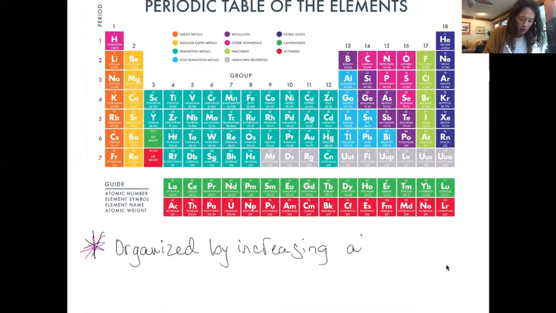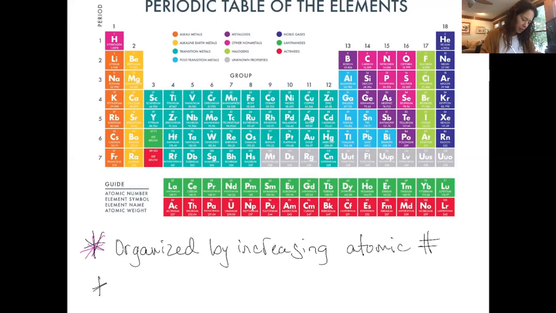They had attempted to organize it by increasing atomic mass, and there were some inconsistencies. So they redid it by increasing atomic number, and a lot of things fell into place. They were able to predict properties of elements that were not even discovered yet. And then when they discovered them, they realized, well, that's exactly what we predicted based on the location an element resides in the periodic table.